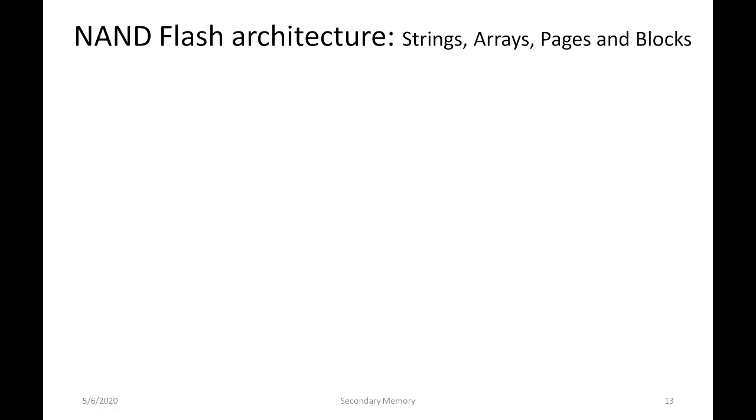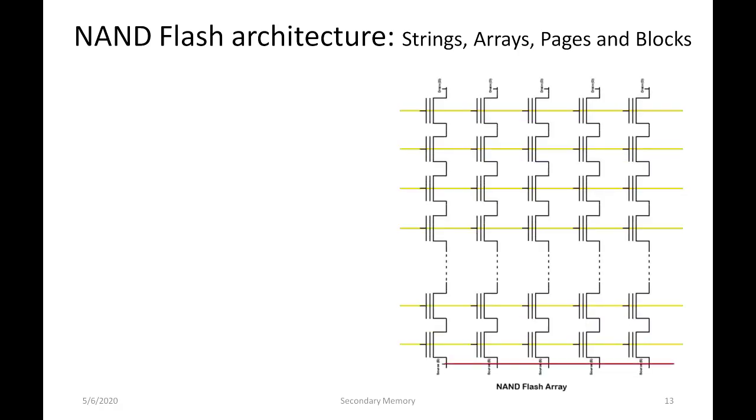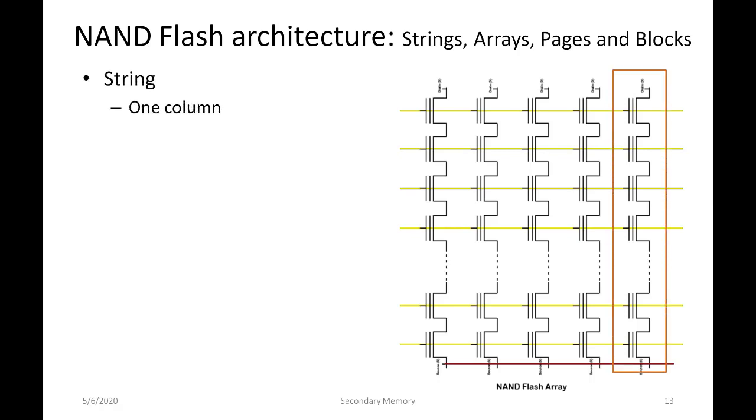Now let's dive further into the NAND flash architecture. Here is a simple 2D arrangement of NAND flash cells. A string is one column of such a 2D arrangement, and the typical size of a string is somewhere between 32 to 64 cells.